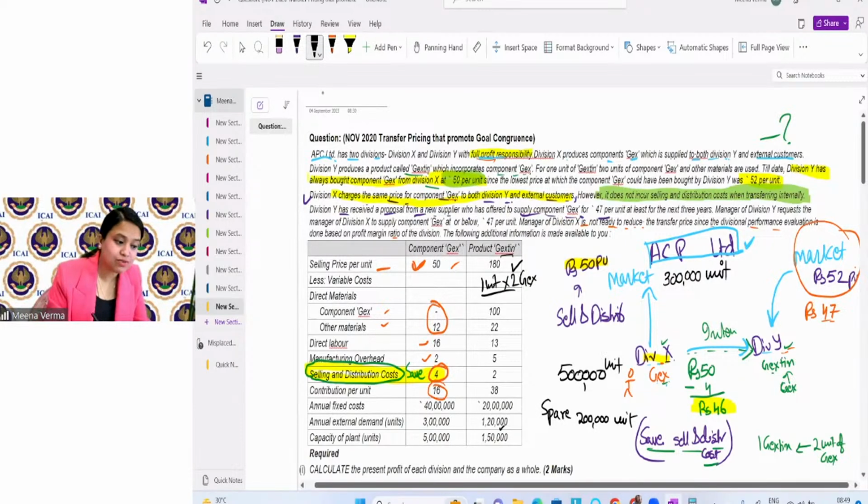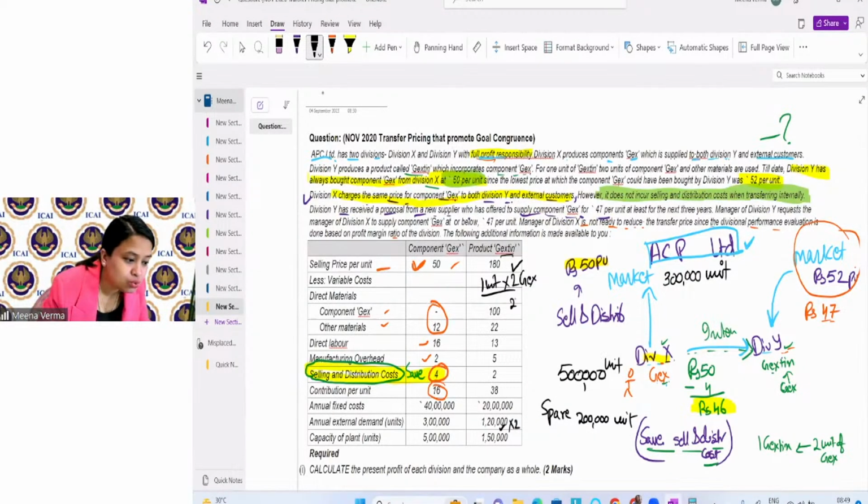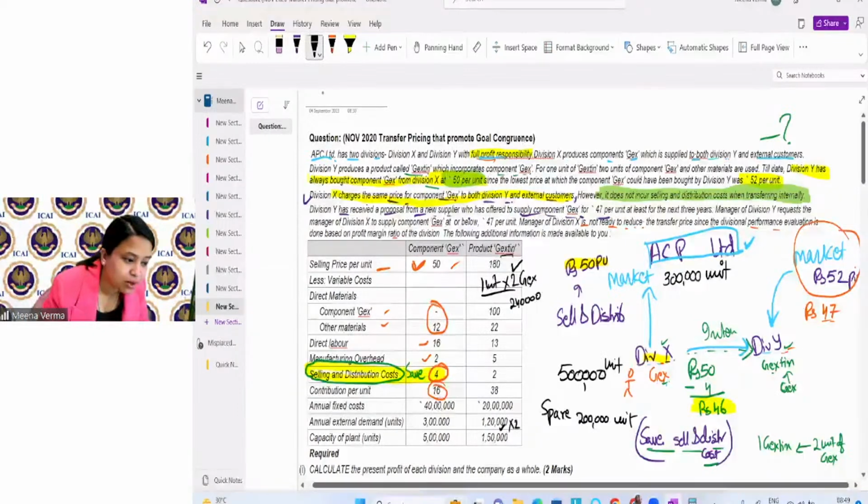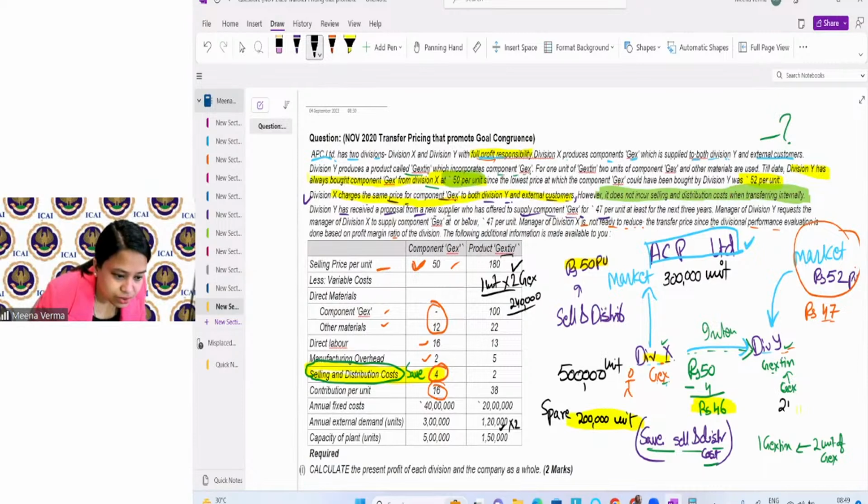To fulfil this 1,20,000 demand, how much Jex is required? Multiply it by 2: 2,40,000 Jex is required. And you can see they have spare capacity only for 2 lakh units. However, the demand for Jex here is 2,40,000 units.